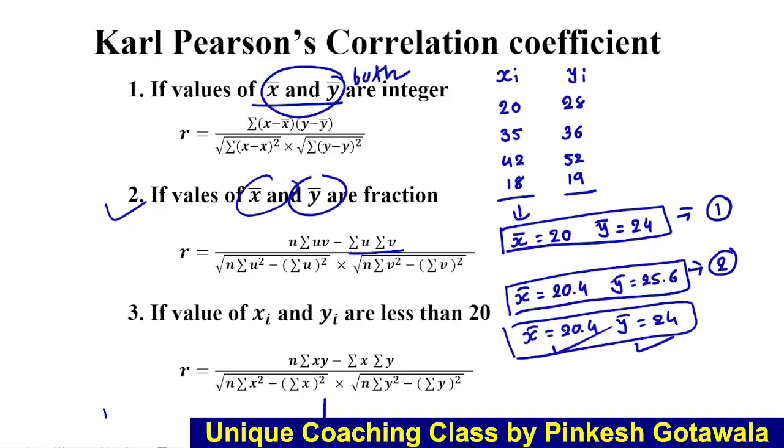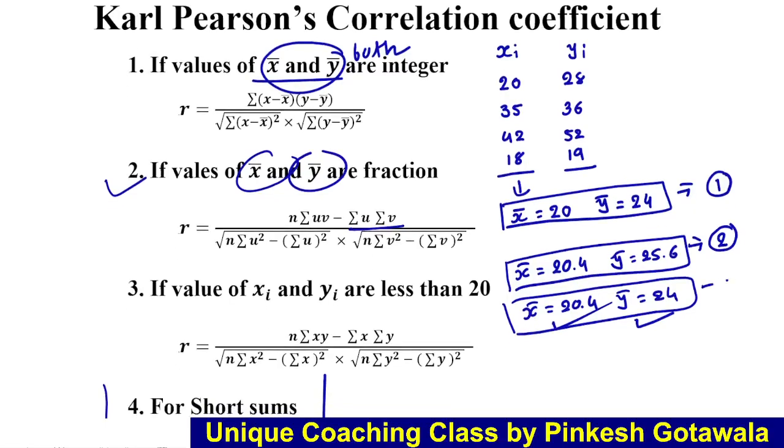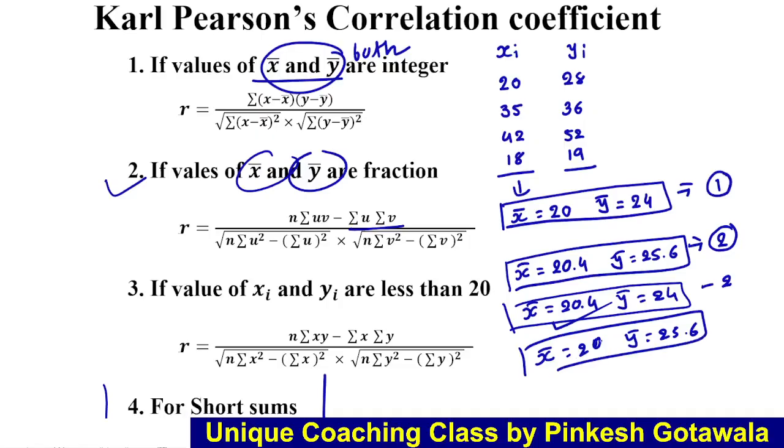If any one of x bar or y bar comes fractional, in point, we should apply the second formula. Suppose x bar is round off 20 and y bar is 25.6, here also we go with the second formula.